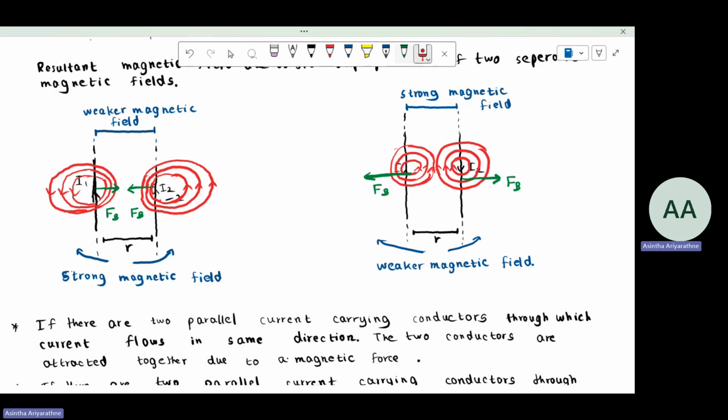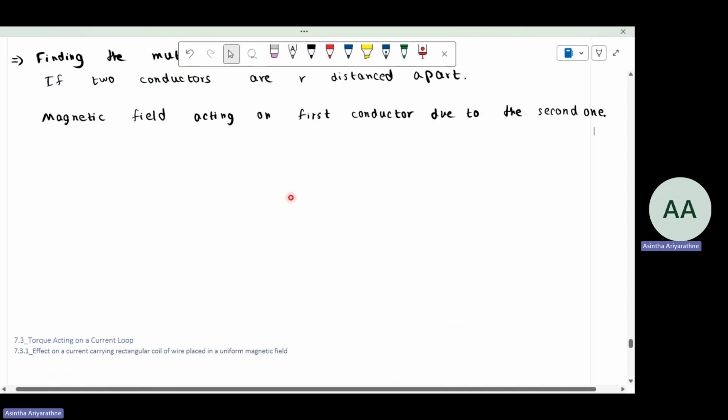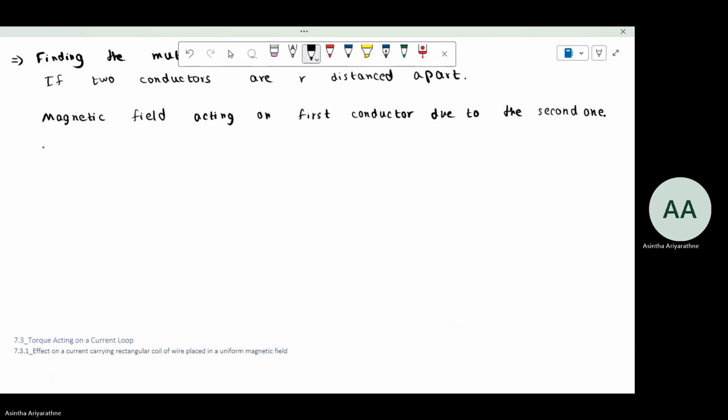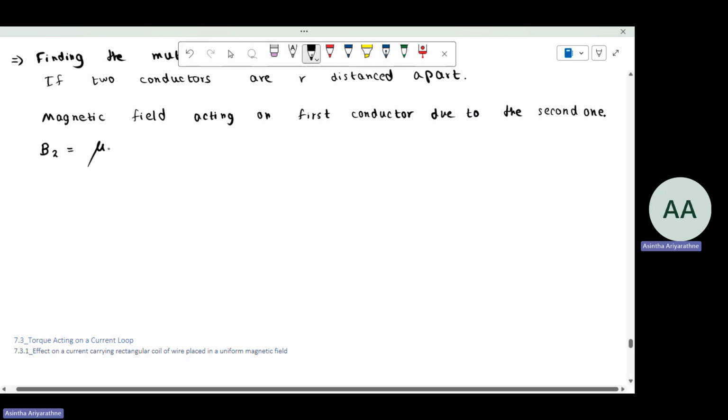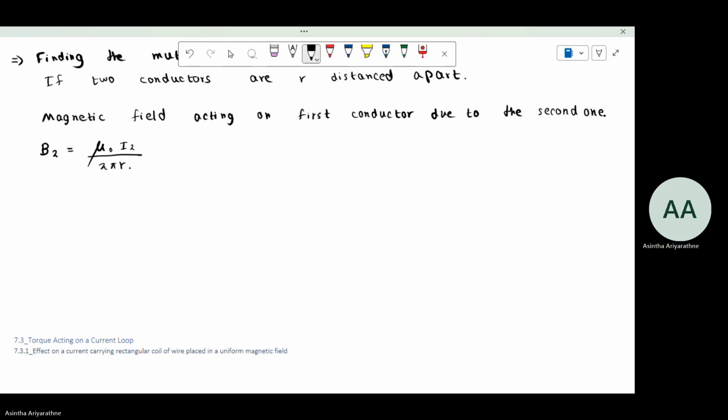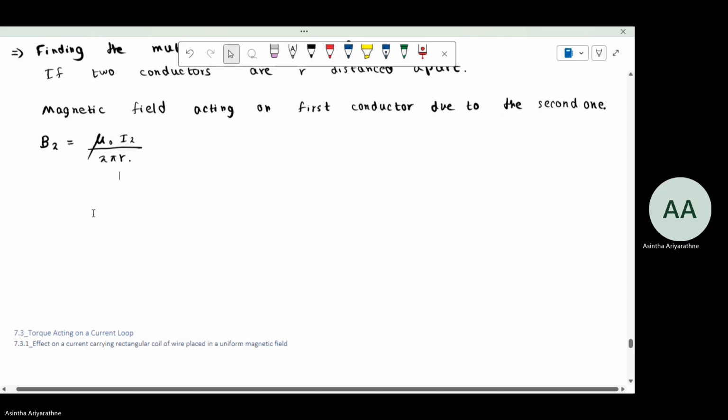Using the right hand thumb rule, we can see it is a magnetic field coming outward. Due to the second one, it would be mu naught I2 over 2 pi r. So this is the magnetic field due to the second current carrying conductor.